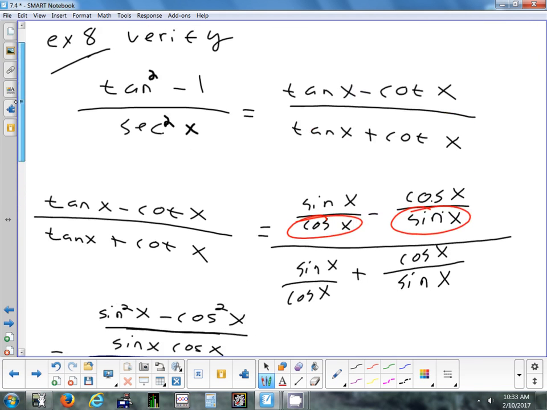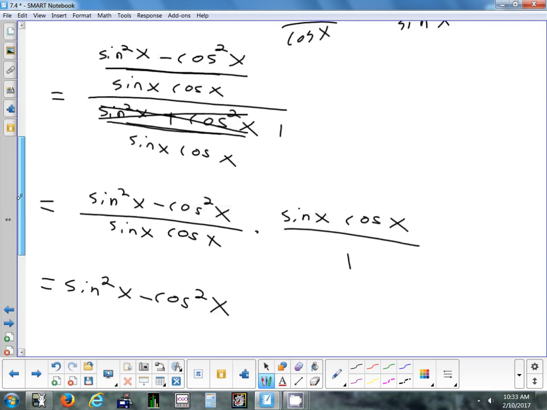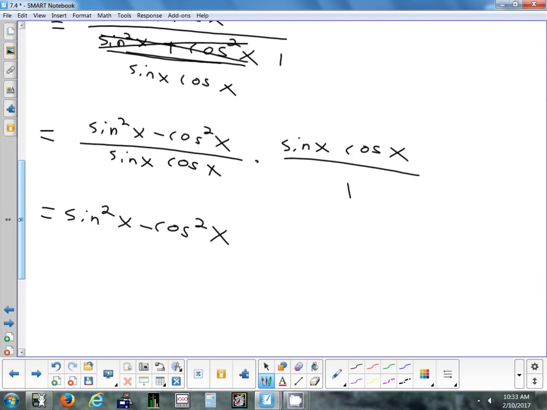Now, we're supposed to end up with tangent and secant. So I don't think we've made any mistake yet. I'm just not sure we've quite figured it out. What is sine squared the same as? Anybody think of how I could rewrite that?